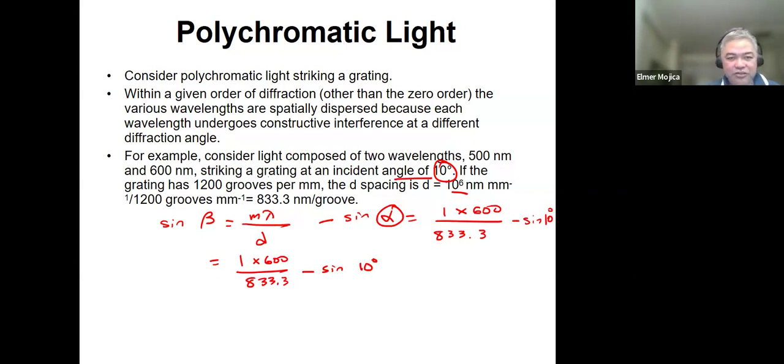And then we can do it also on the other one. We have sine beta equal to 1 times 500 over, what's the D that he has there? 12,000 groups, minus sine 10. So what do you get here?